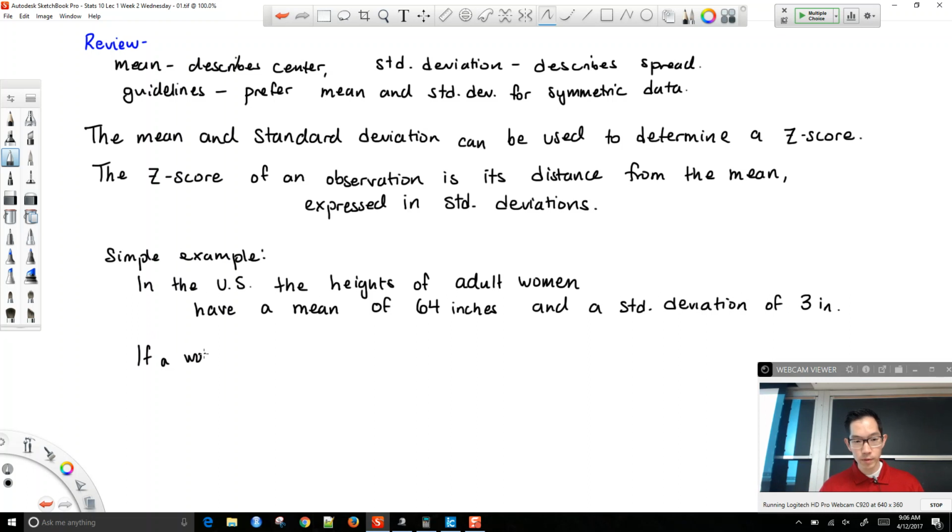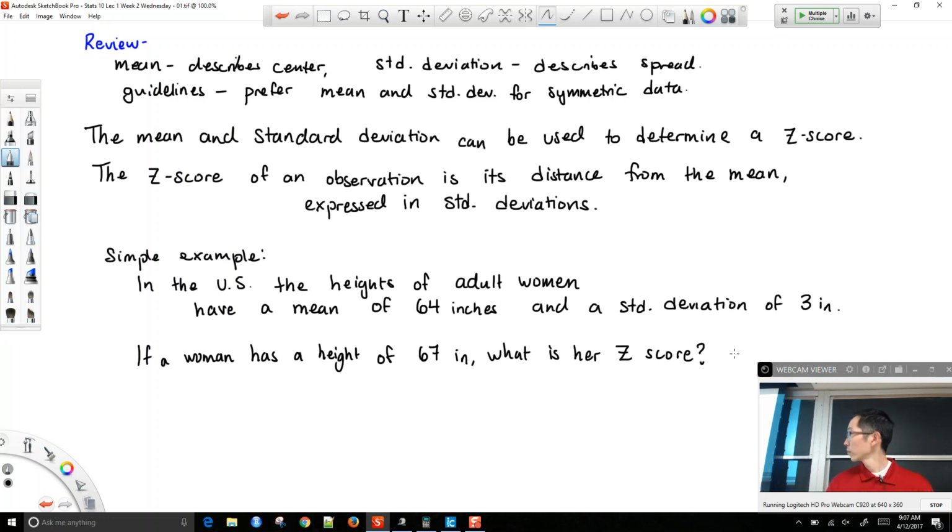All right, so if a woman has a height of 67 inches, what is her Z-score?